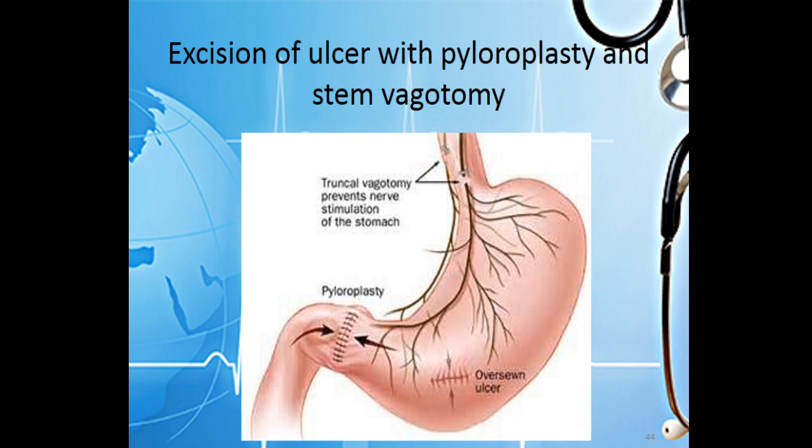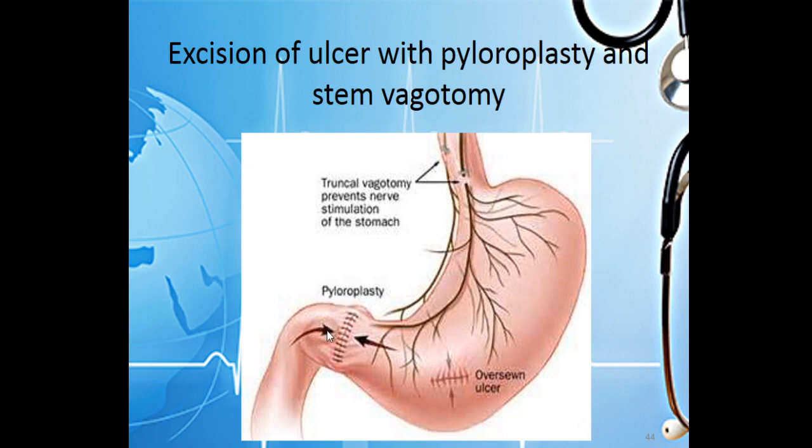One example of how to arrest bleeding if we have a back-side duodenal ulcer with bleeding. First laparotomy, then I make a longitudinal pyloroduodenotomy.